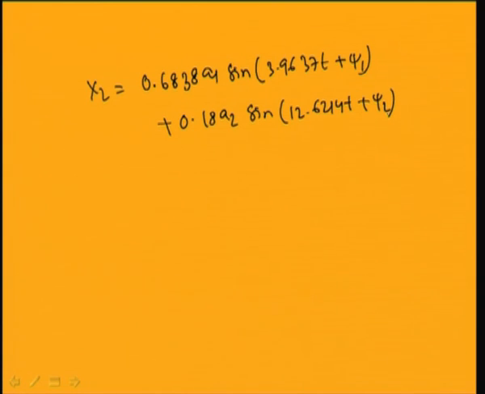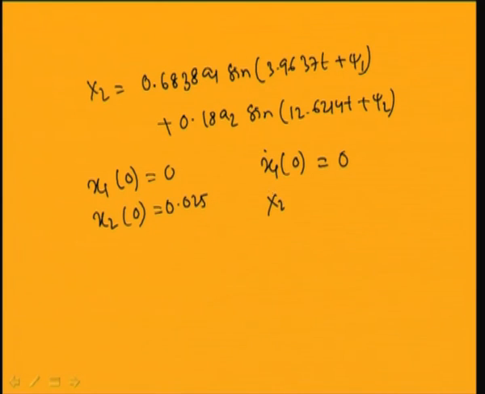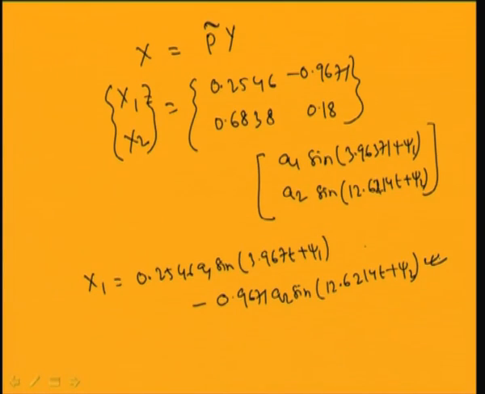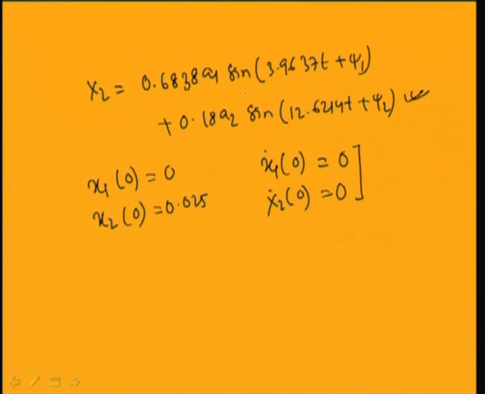As the initial conditions are given, x1 at t equal to 0 and x2 at t equal to 0 are 0.025, and x1 dot at t equal to 0 and x2 dot at t equal to 0 are 0. So, by substituting in this x2 and the previous x1 expression, one can obtain these constants a1, a2, psi 1 and psi 2.